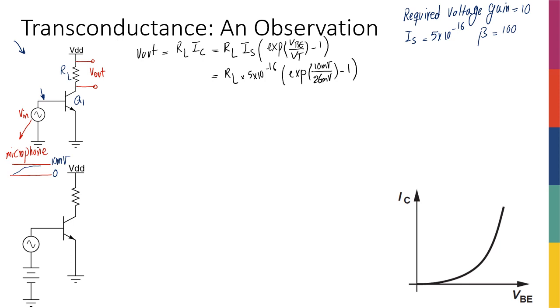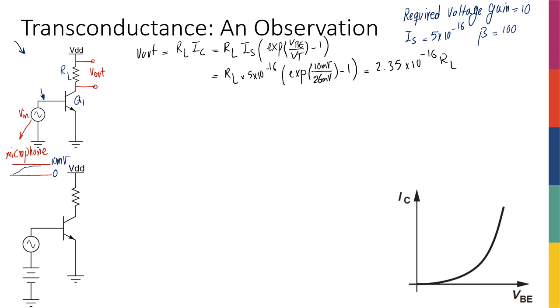Okay, now if I calculate this, this is equal to 2.35 times 10 to the -16 RL. Basically all of these numbers multiplied by each other, you get 2.35 times 10 to the -16.